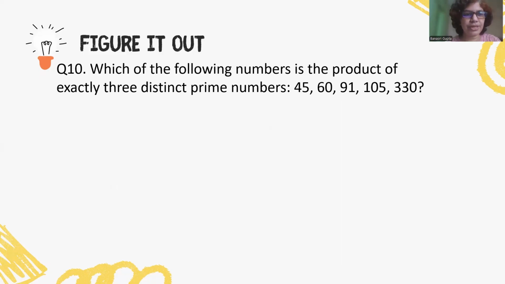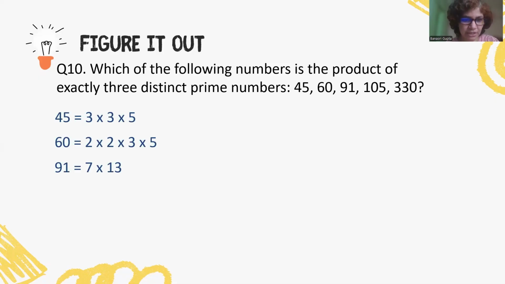The 10th question is, which of the following numbers is the product of exactly 3 distinct prime numbers? Let us factorize each of these numbers. 45 is 3 into 3 into 5. 60 is 2 into 2 into 3 into 5. 91 is 7 into 13. 105 is 3 into 5 into 7.